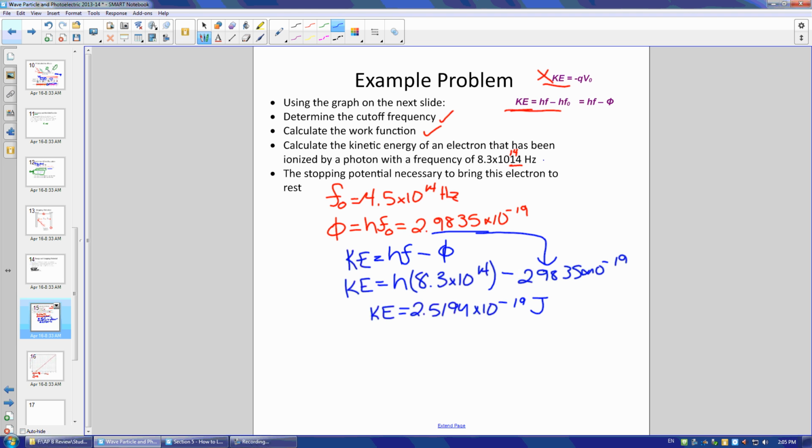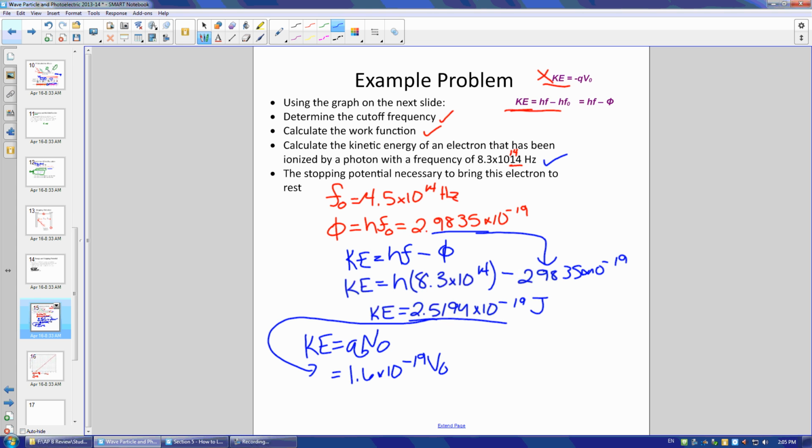Check. And stopping potential. Well, I know kinetic energy is equal to q V naught. So I plug my kinetic energy in there, equals 1.6 times 10 to the negative 19th times V naught.